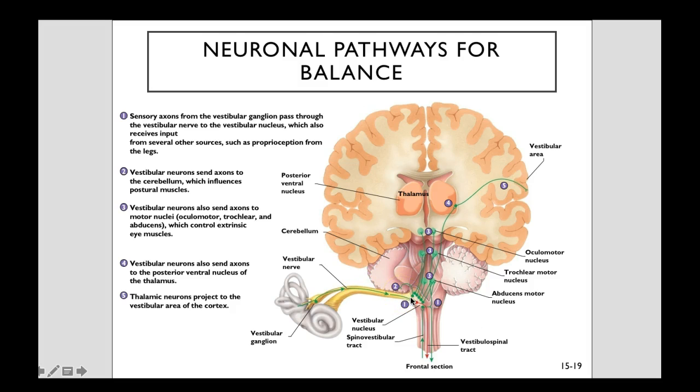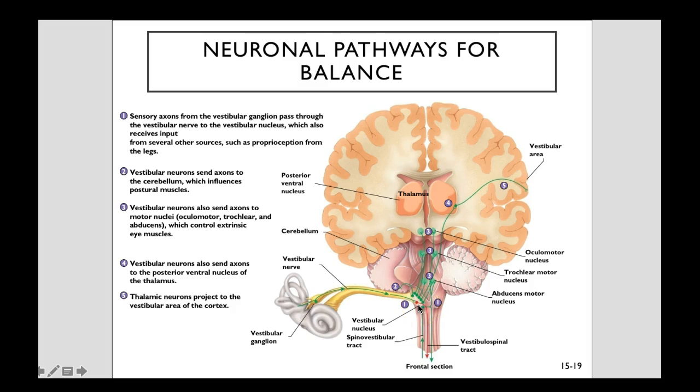We are then going to synapse within a couple different places because we are going to integrate a lot of balance information and send it to various locations as well. We are not only receiving sensory information of balance within the inner ear, we are also receiving balance information from our proprioceptors within our muscles.